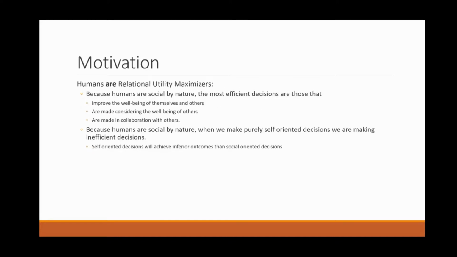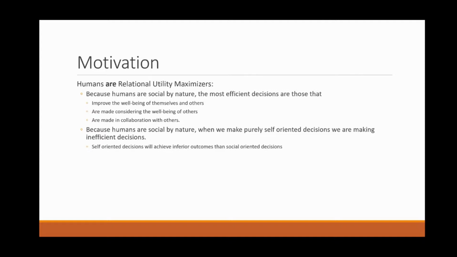Now, if humans are relational utility maximizers, why do we say that? We say that because humans are by nature social. And because of that, the most efficient decisions are those that improve the well-being of themselves and others. They are made considering the well-being of others, and they are made in collaboration with others, okay?